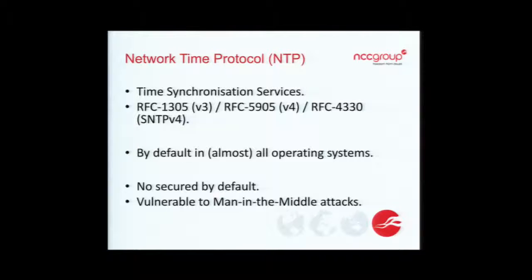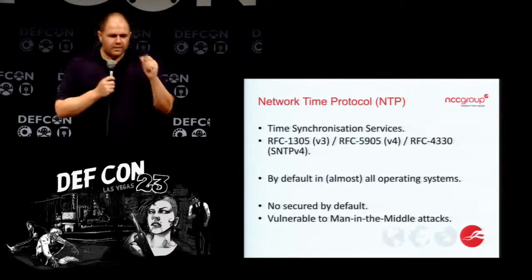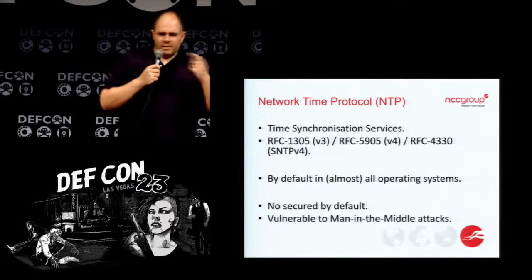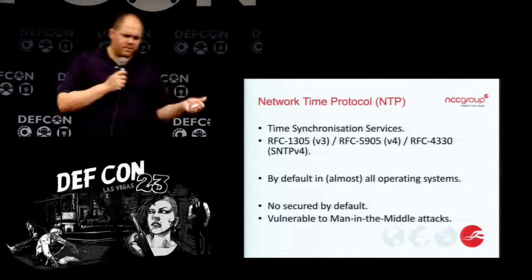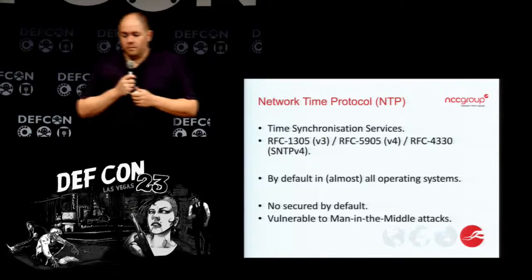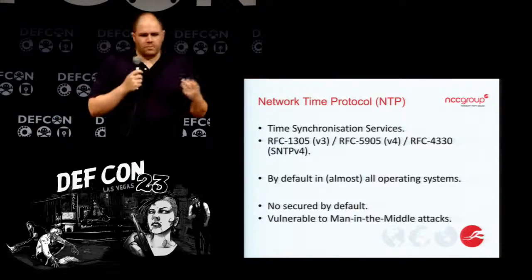NTP is what most, I think all, the operating systems that I have seen use to synchronize the time. Some of them are slightly different, but 99% is NTP. The configuration can be different, but most of them are not secured by default.